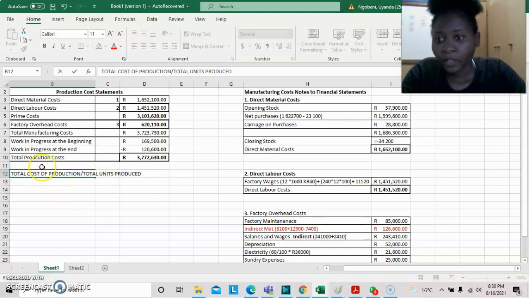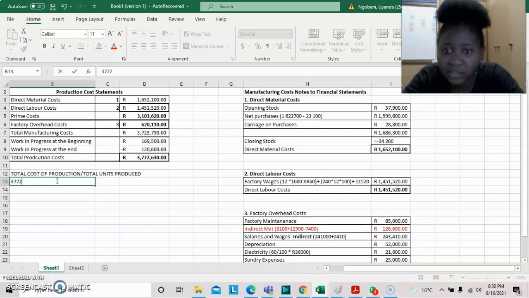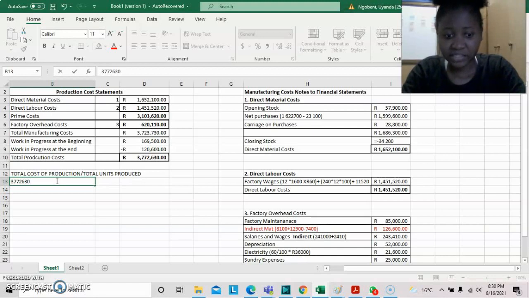So with that now we can put in the figures. So we say 3,720,000, okay, and then 72,630, right? Then we say divided by 58,000.